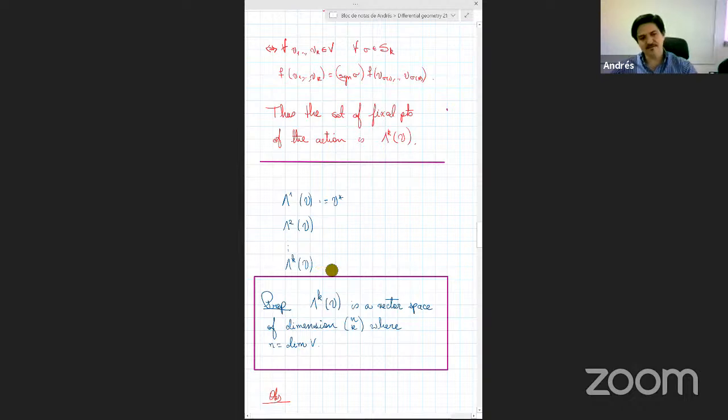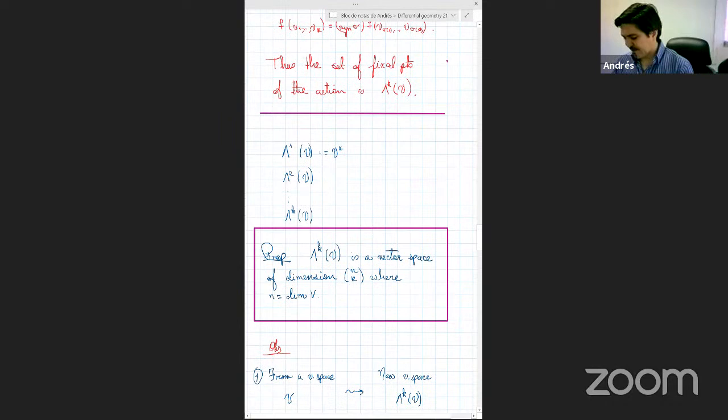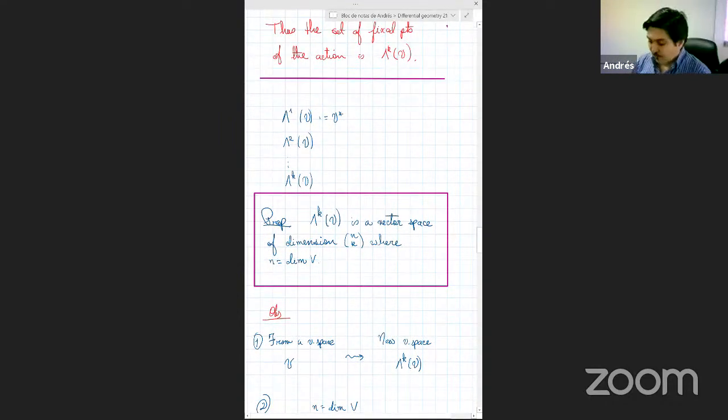It goes from 1 and so on. We also have this, and this is just the scalars, at level 0. It doesn't depend on the vector space V whatsoever, only on the scalars. So what I want you to understand is that from one vector space, we constructed many vector spaces, many of them.